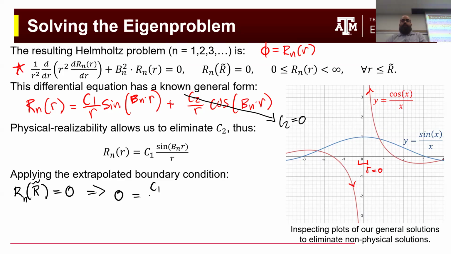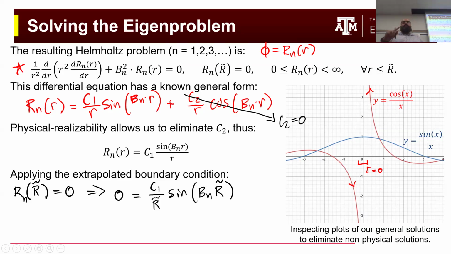I'm going to have a C1 divided by, I'm evaluating at R tilde. So everywhere where I see the little r, I replace it with R tilde. The function is equal to 0 at that extrapolated radius, and I'm plugging in the extrapolated radius for r. Notice that from here, the C1 and the R tilde up front are just constants.